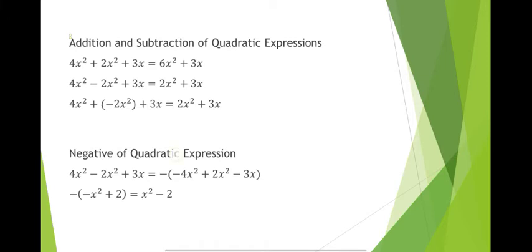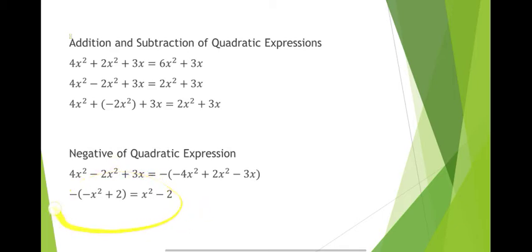Positive becomes negative, negative becomes positive, positive becomes negative. So if you multiply the negative back in, negative times negative, you will get positive. Negative times positive, negative. Negative times negative, positive. You'll get the same one as in the first place, which proves it to be true.